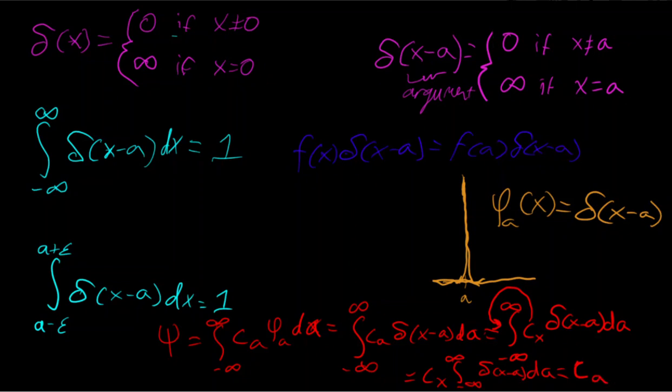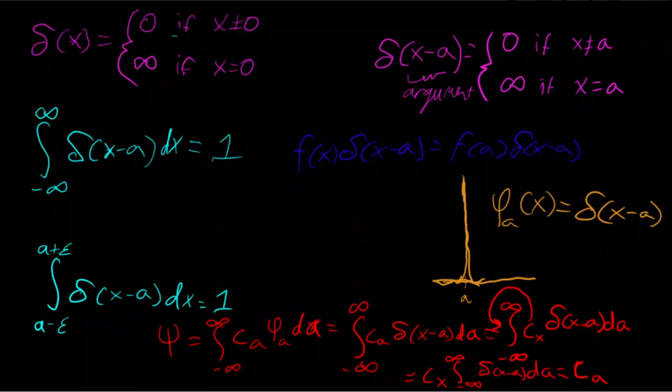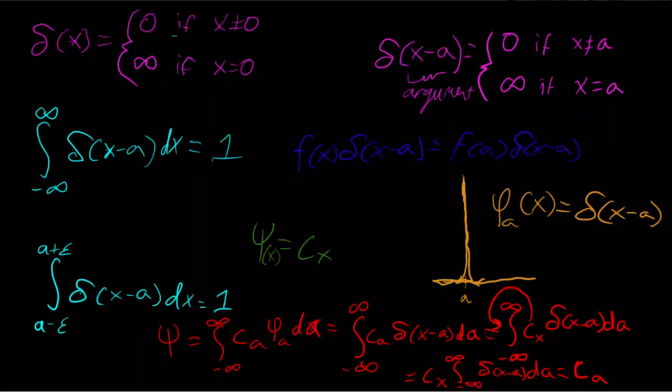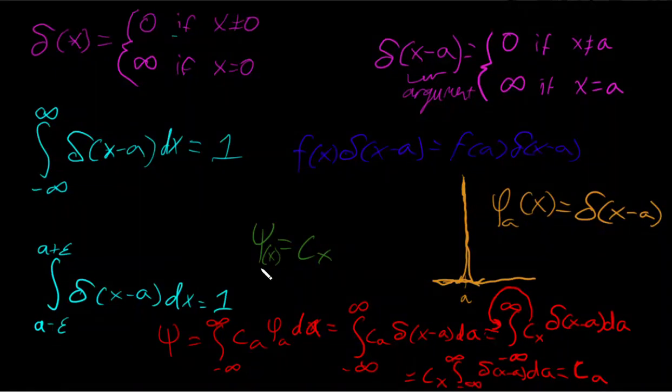And I don't know if you see how significant this is, but what we just derived is psi, which is evidently a function of x, is equal to c sub x. This is really, really significant, right? So first of all, we notice psi seems to be a function of x.